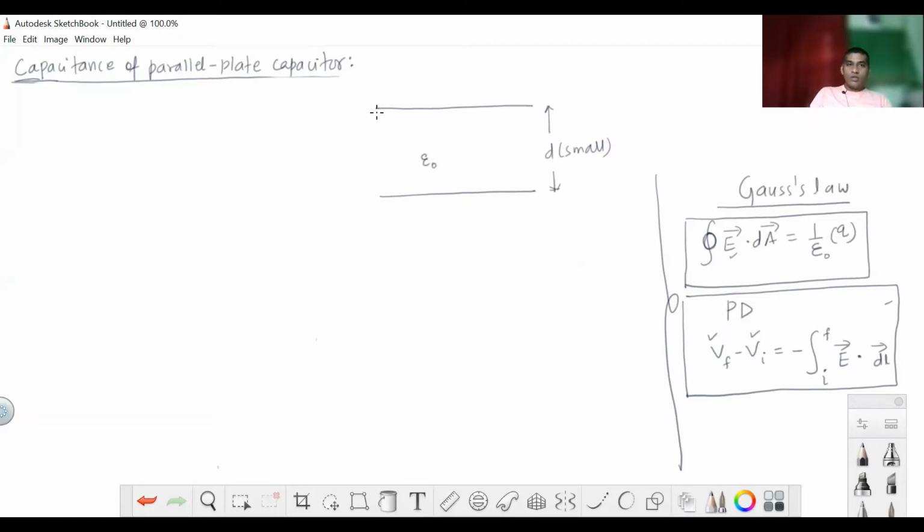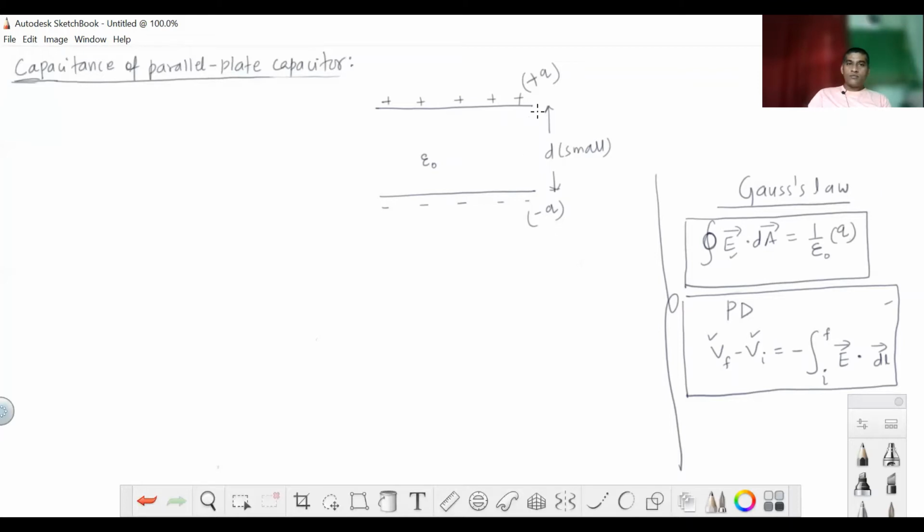Now let the upper plate be positively charged and the lower plate contain an equal amount of negative charge. So we have two plates containing equal amounts of positive and negative charges separated by small distance.